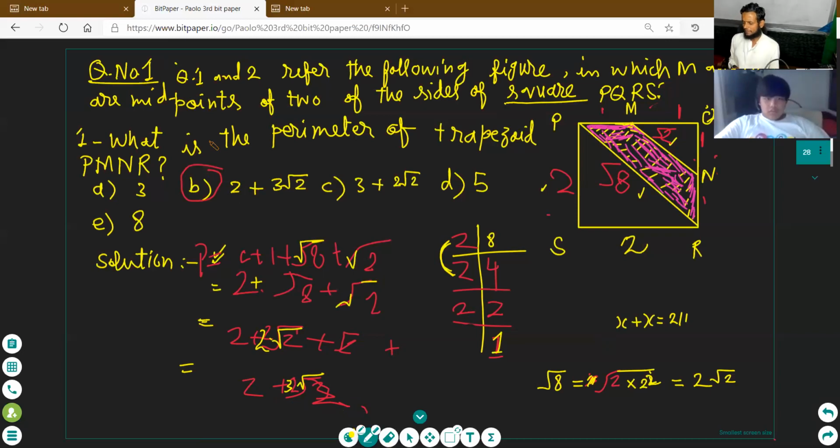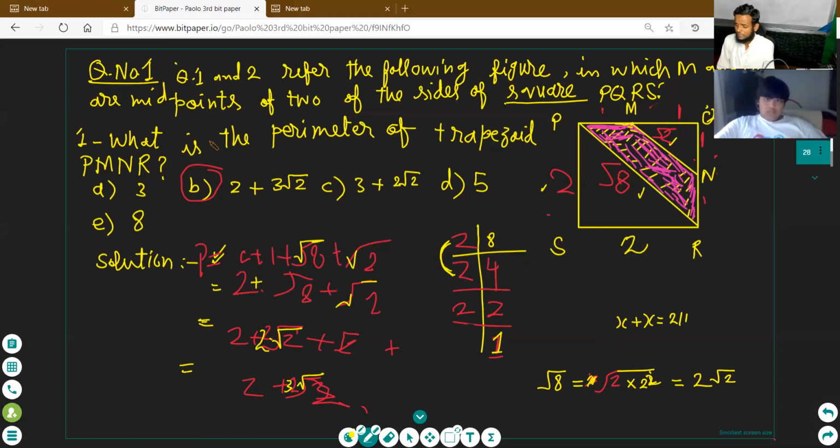Have you understood this question or not? I think I understand, yeah. Clear? First, these are midpoints, and on midpoints we divide the length into two equal parts, and after this we use the Pythagorean theorem to find this and this. After this we will do the simplification.